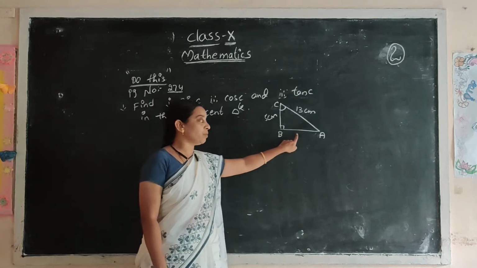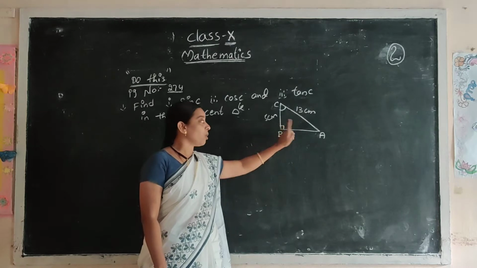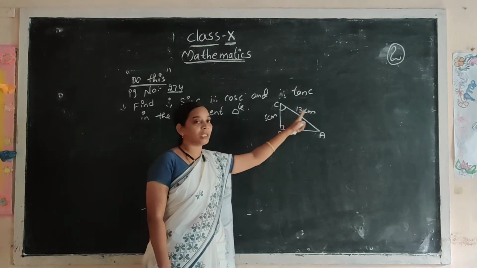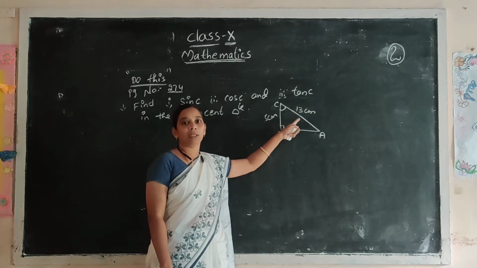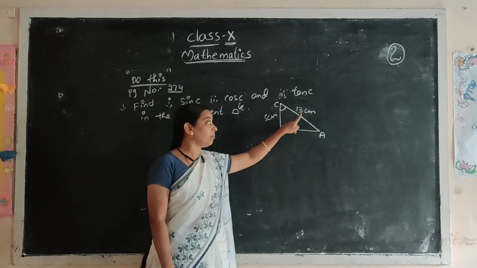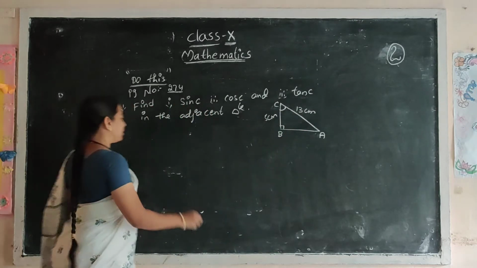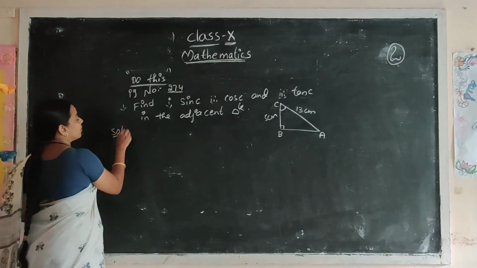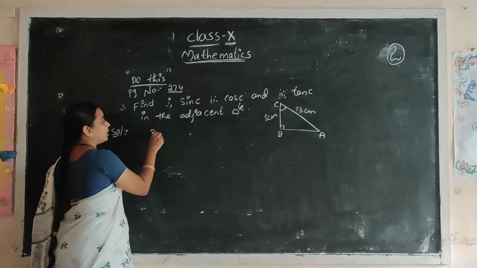How to find this measurement? This triangle is a right angle triangle, and two measurements are already given. So how to find the third? By using the Pythagoras theorem.